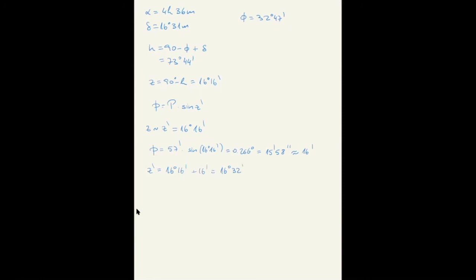Now we can use this value of Z prime to refine the estimate of p. Let's recalculate then what the parallax is with this new estimate. Then you have the parallax equal to the horizontal parallax, 57 minutes, times now sine of Z prime, 16 degrees and 32 minutes. Let's see if the 16 minutes will make a difference. That gives us, again, 16 minutes. So the value changed by 2 arc seconds only, from 15 58 to 16.